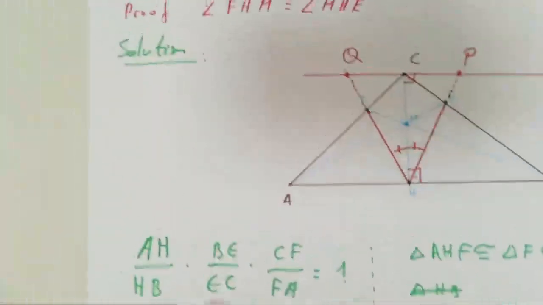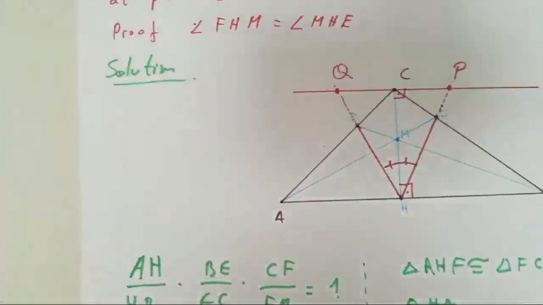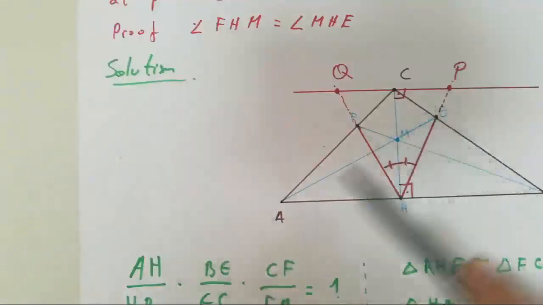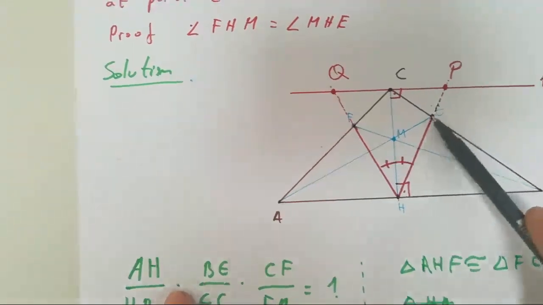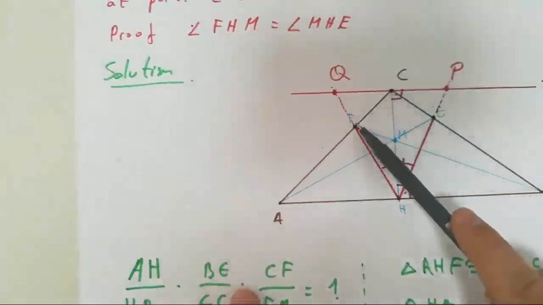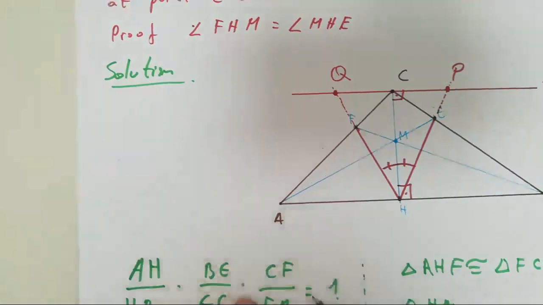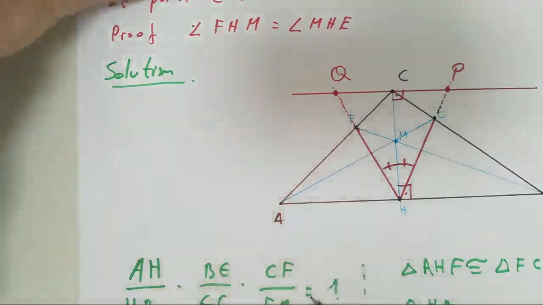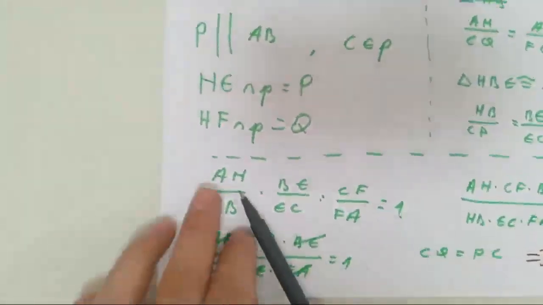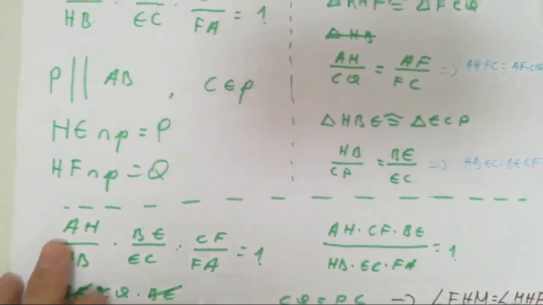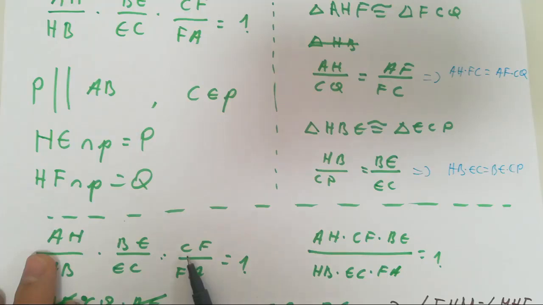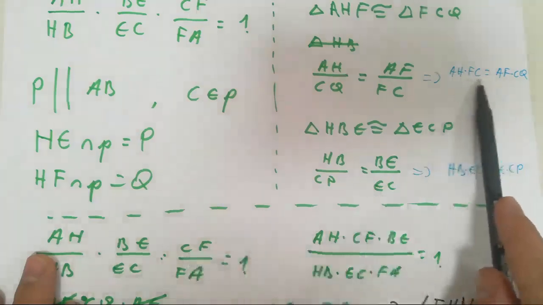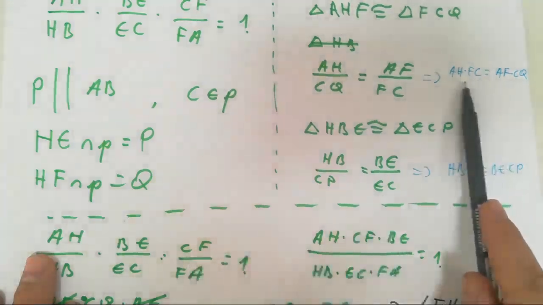Let's take a look again at Siva's theorem, which said AH over HB times BE over EC times CF over FA equals 1. Now in this equation we can just substitute something. Look, AH and CF, well here it's FC, it's the same.